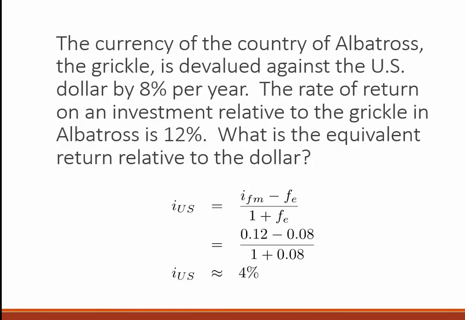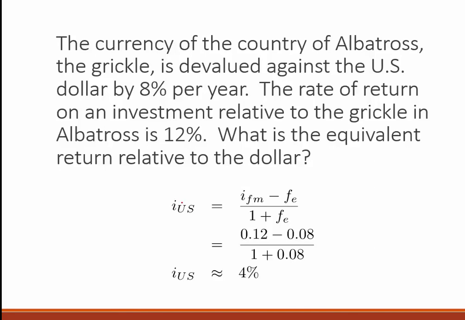So for example, here we have a very basic example, and it says, the currency of the country of Albatross, the Griquol, is devalued against the US dollar by 8% per year. The rate of return on an investment relative to the Griquol in Albatross is 12%. What is the equivalent return relative to the dollar?